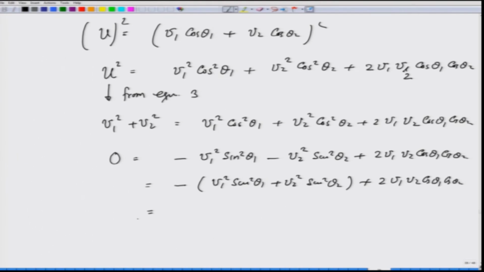This I can further write, because I already know from the second equation that v1 sin theta 1 minus v2 sin theta 2 is 0. So, I'll use that equation and bring it in that form.